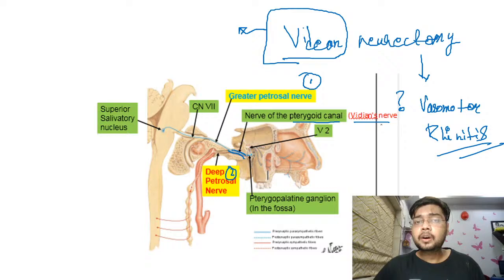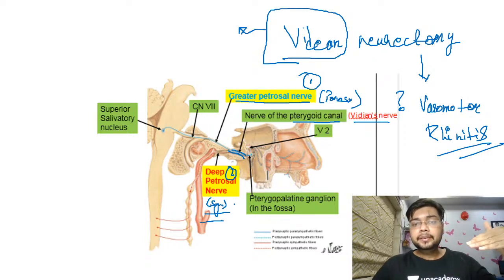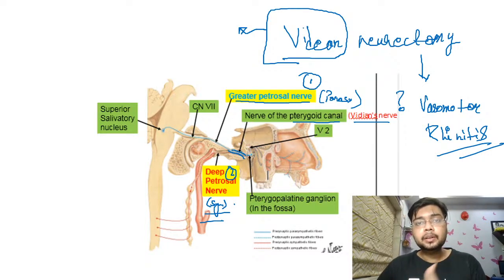Basically it is formed by joining the GSPN, which carries the parasympathetic supply, and the deep petrosal nerve, which carries the sympathetic supply. So this nerve of the pterygoid canal is also called the Vidian nerve, and we do a procedure called Vidian neurectomy.